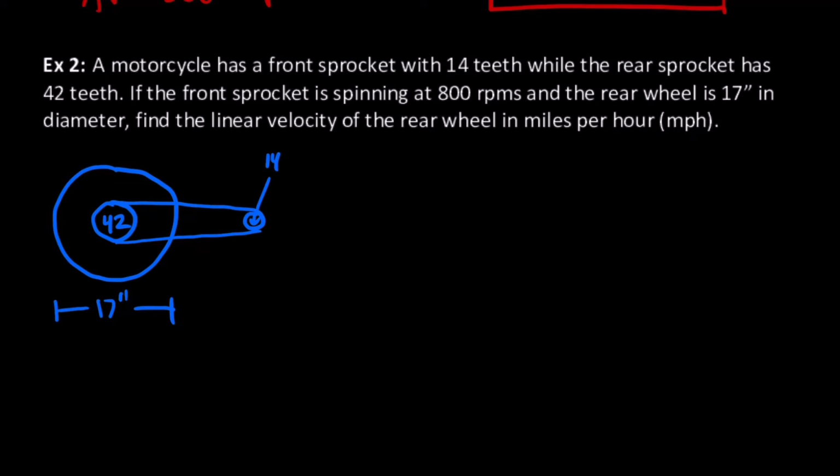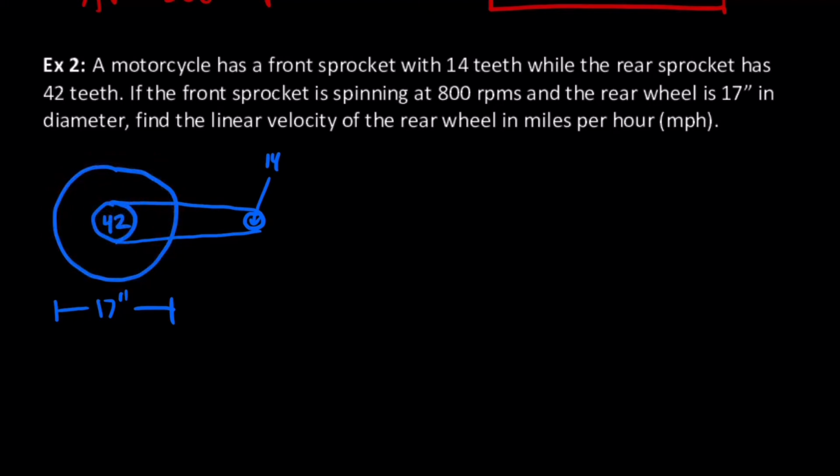I just kind of assumed you all knew that, but the rotational velocity of the rear sprocket and the rear wheel or tire would be the same because they're attached, they're locked in. So even though this is bigger than this, they're connected. So the rotational velocities are the same. If you think about a spoke, it doesn't matter whether you measure the rotational velocity of the inside of the spoke or the outside of the spoke, it'll have the same number of RPMs.